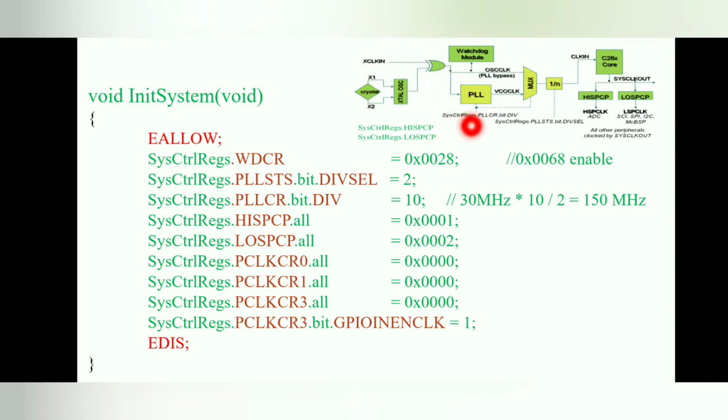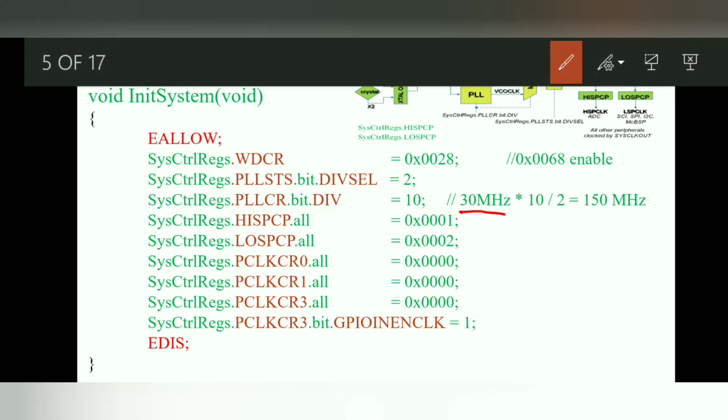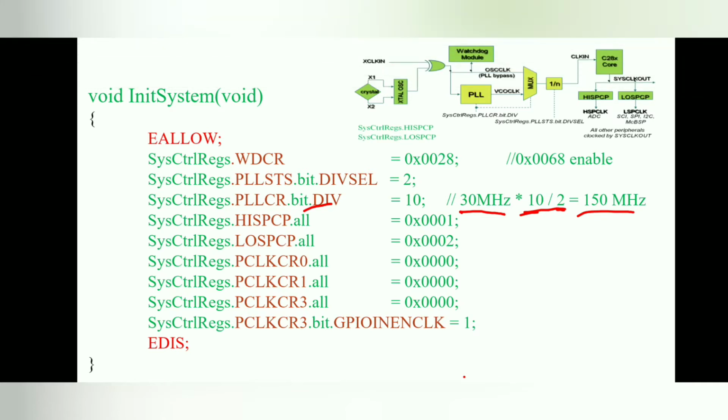So we need to initialize two registers: the system control register PLLCR dot bit dot division, and another register to provide the clock of the DSP processor. So how do we do that? This is our 30 megahertz frequency. First we are going to multiply by 10, so we will get 300. Later we are going to divide it by 2, so we will get 150 megahertz frequency to our DSP processor.